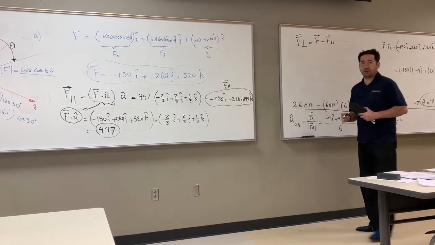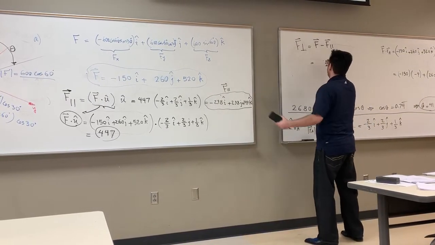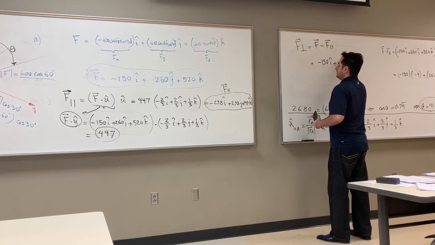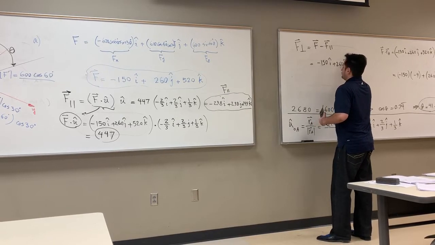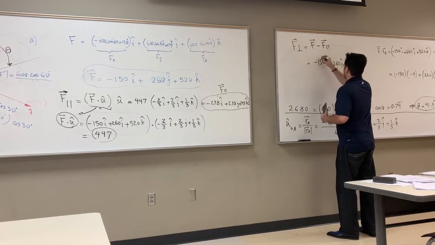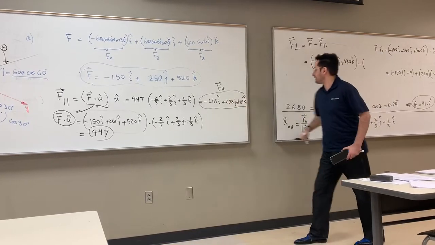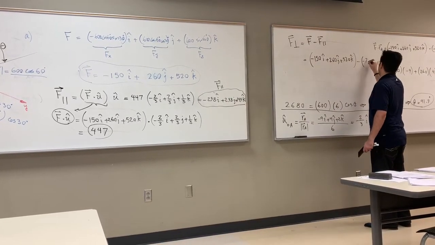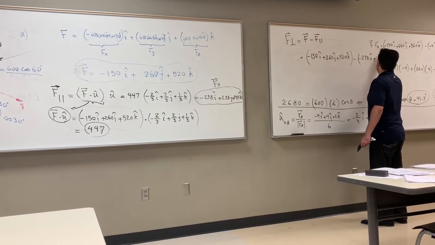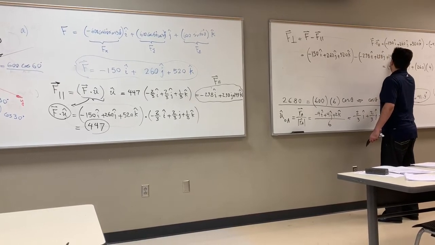You showed that before using vector addition. So just plug the numbers in. F is 150i plus 260j plus 520k, minus F parallel. F parallel is negative 298i plus 298j plus 149k.